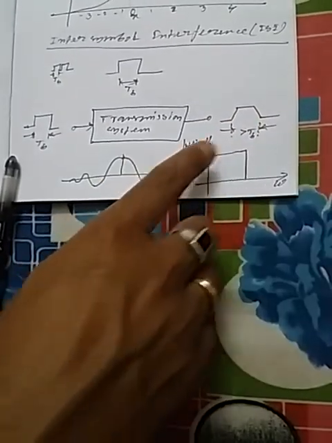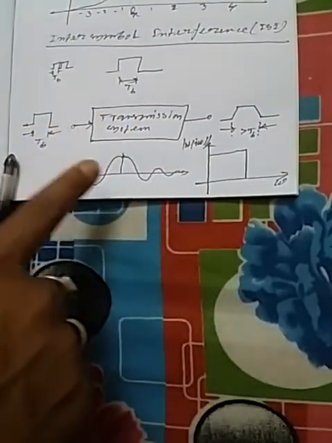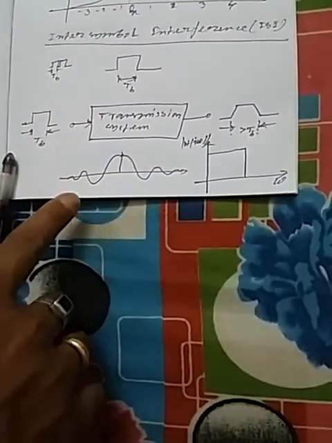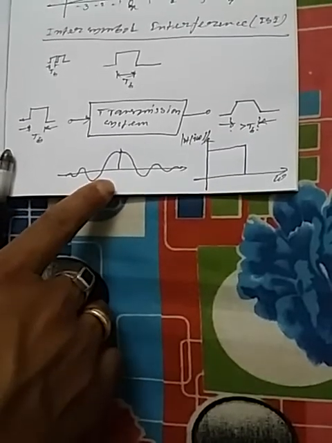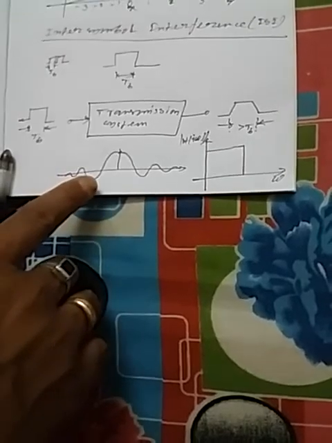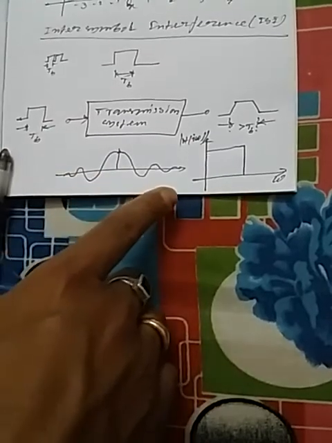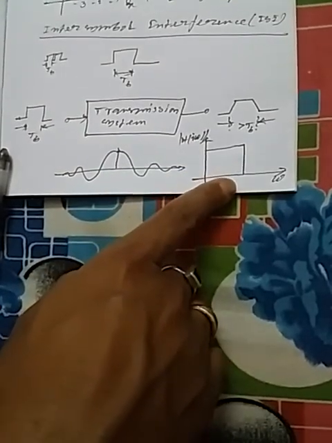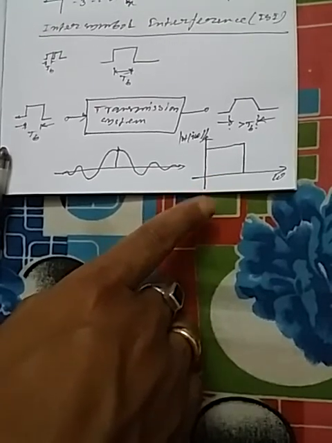Now to avoid ISI, we have to transmit the data with a sinc function. If we transmit the data with a sinc function, then the frequency response will be an ideal one, so there will be a 0 ISI.